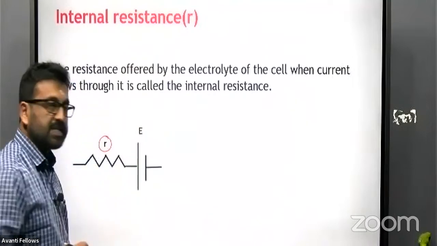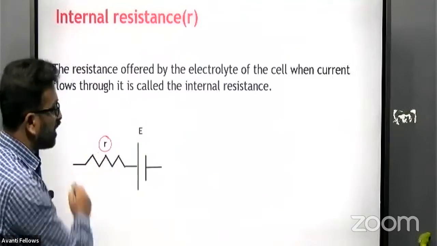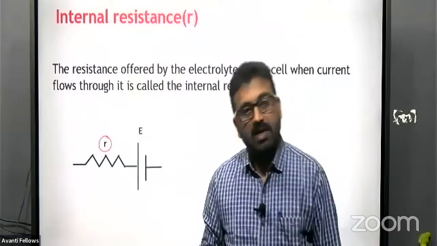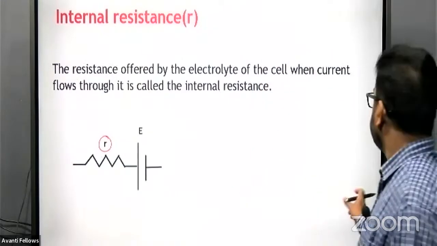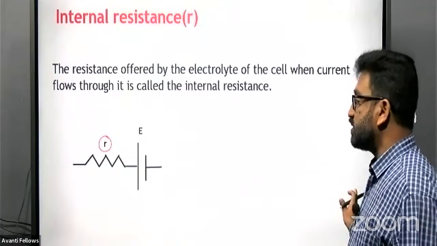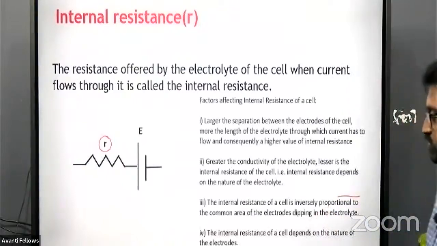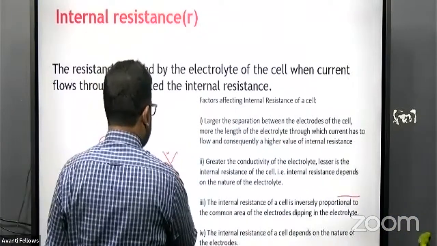Normally we represent a resistor by a capital letter, but in the case of internal resistance, we represent it by small r. It is the resistance offered by the electrolyte of a cell, because the charges are flowing through the electrolyte and the electrolyte offers certain resistance, that is called internal resistance. So this is another important parameter. This we can expect at the time of the exam.